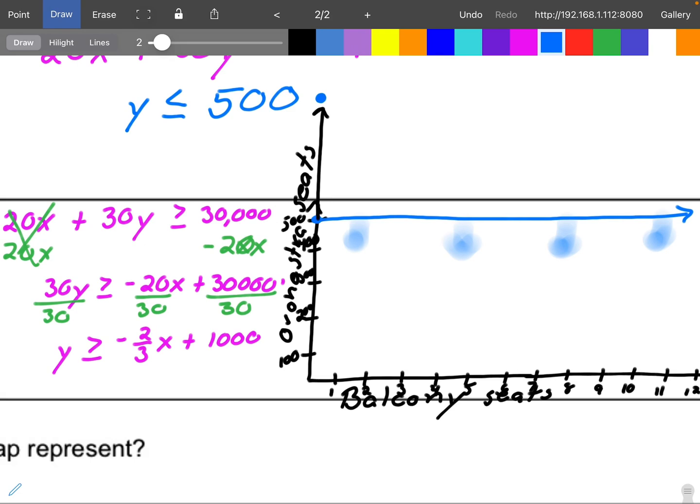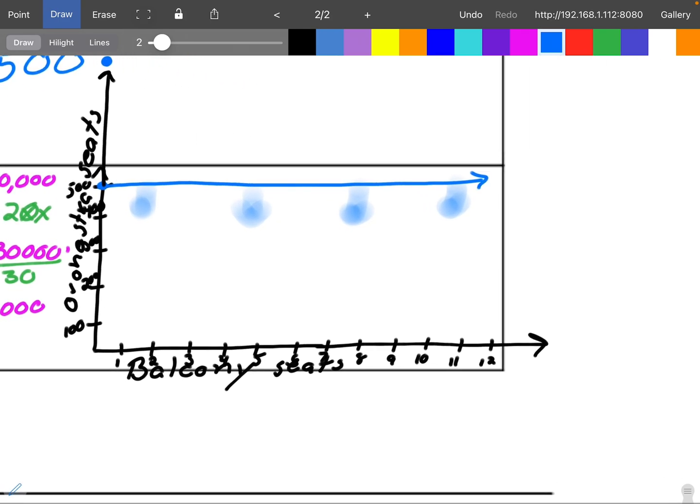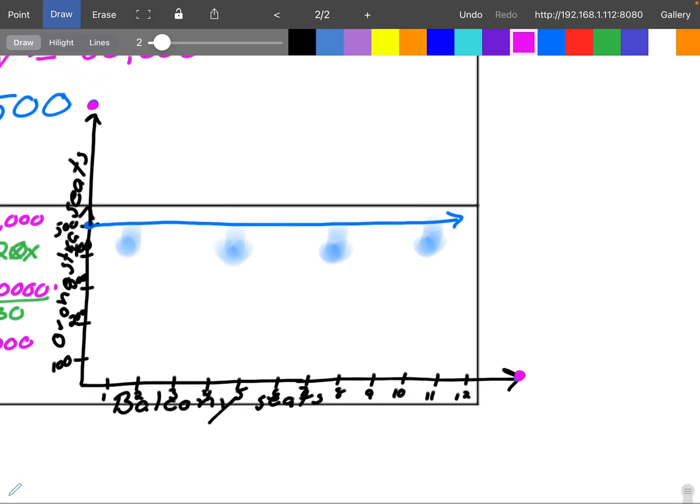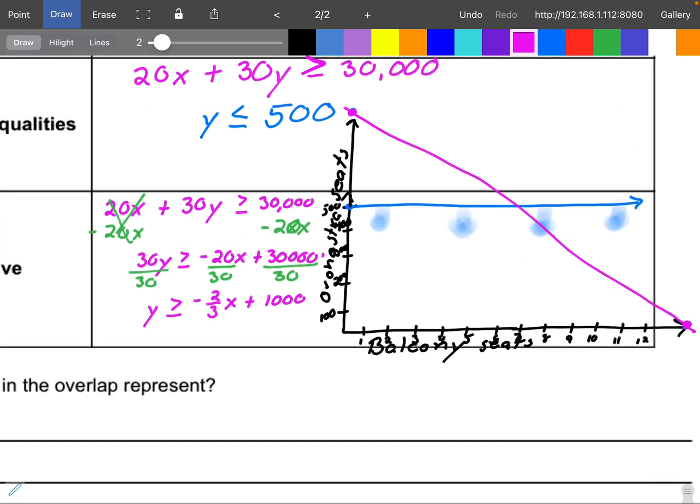If we had an actual graph that we could count a little bit better on, I would see that this is going to cross my y-axis at about 1,500. Oh, these should be pink. And then it is also equal to, so I'd have my line here with all those little dots that I would connect. Where do I shade for this?